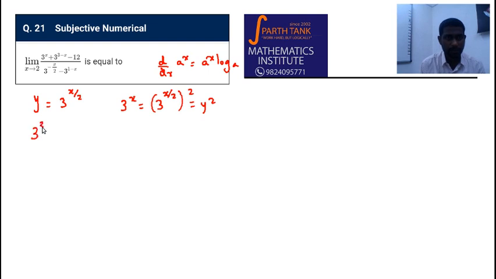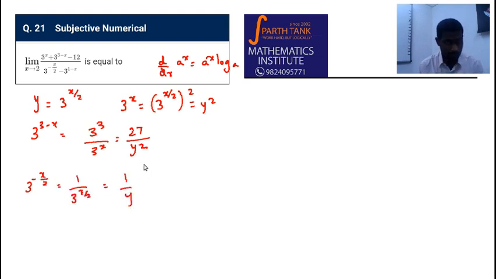Then 3 to the power 3 minus x can be written as 3 cube by 3 power x, which is 27 by y squared. Then 3 to the power minus x by 2 is 1 by 3 to the power x by 2, which is 1 by y. And 3 to the power 1 minus x is nothing but 3 by 3 power x, which is 3 by y squared.